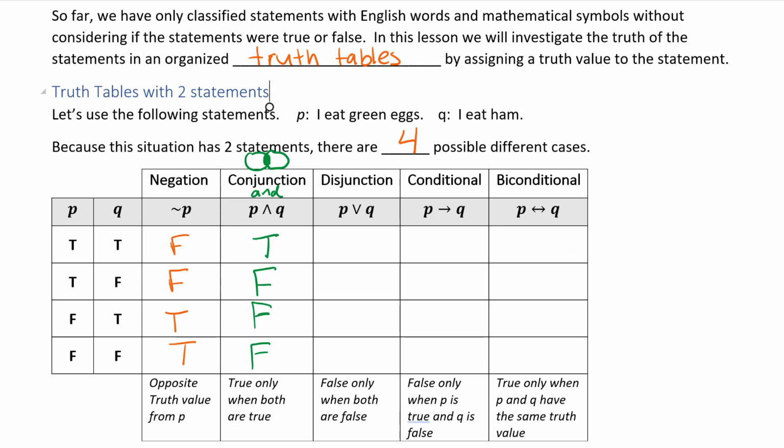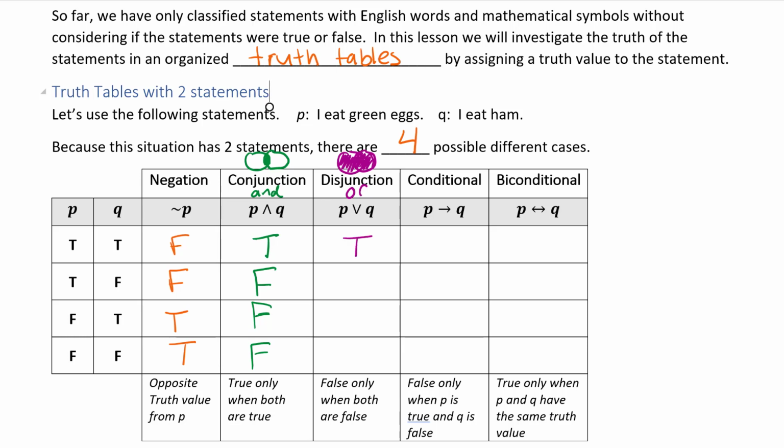For the disjunction, that's an or. Remember, that would be like if it's in the first circle or if it's in the second circle, so it's like both. As long as it's true for one of the two, or is also going to be true. So if we have true, true, the disjunction will also be true.